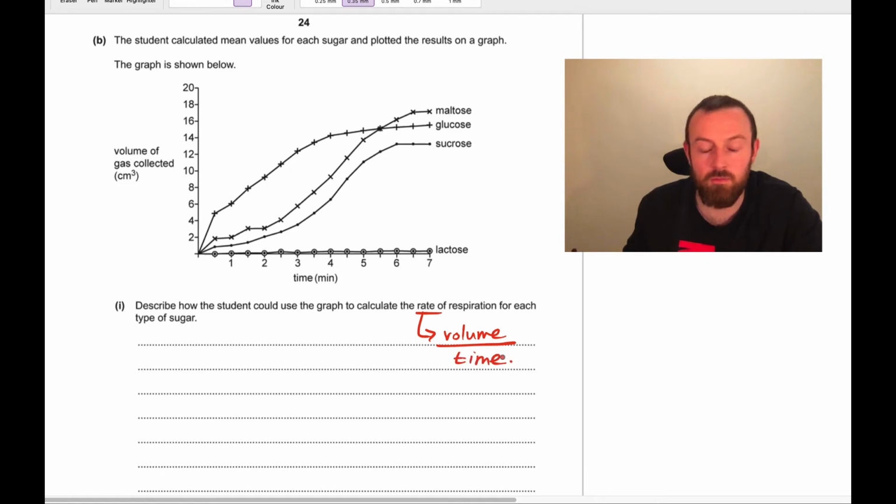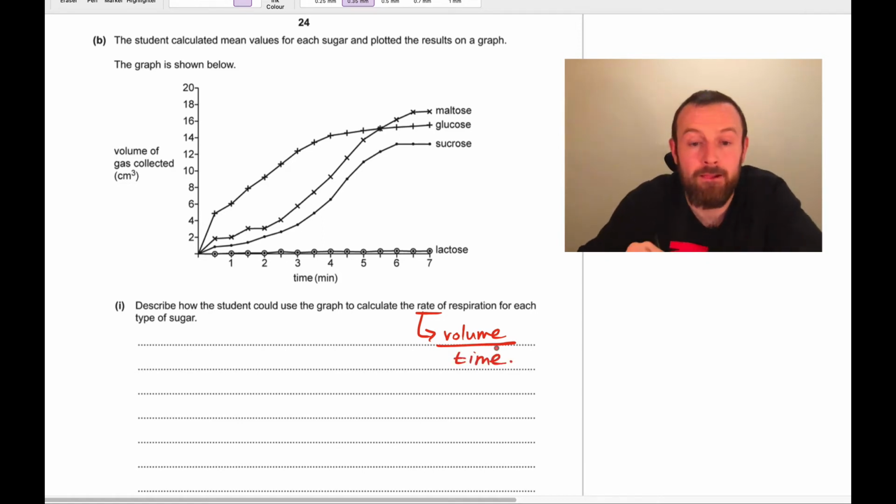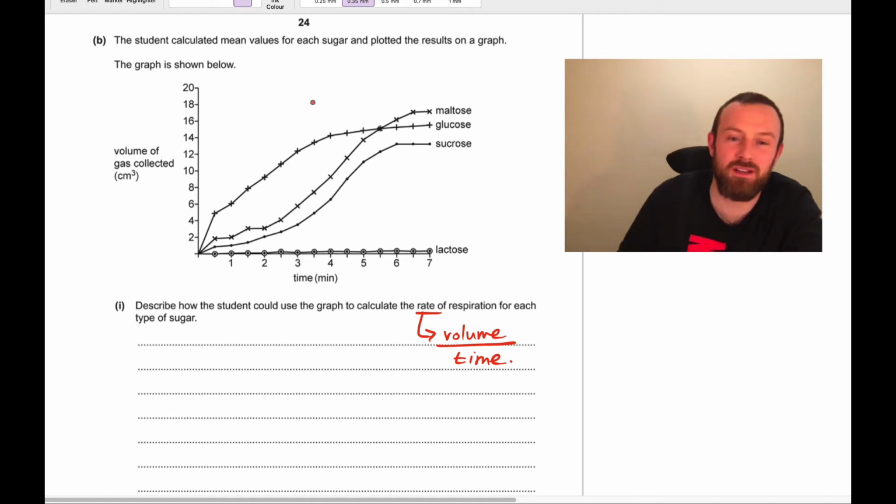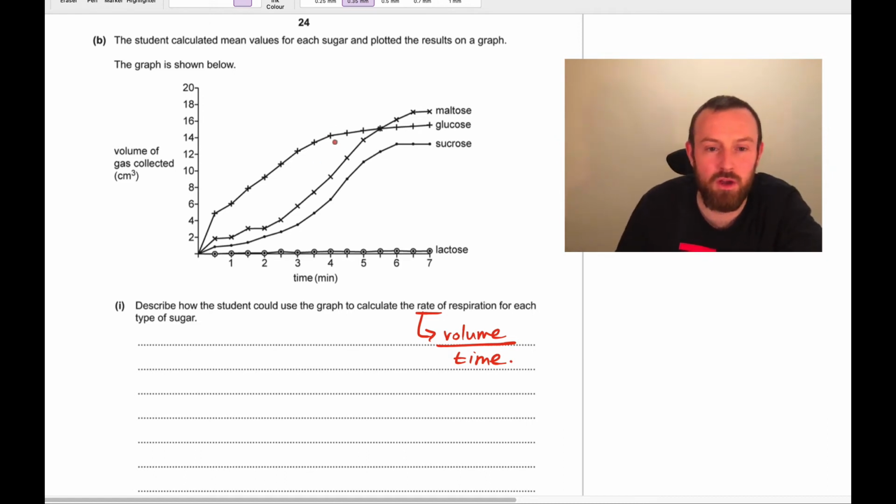Rate is volume over time. Now, where to measure the volume and time, that's a bit tricky because it looks like most of the glucose has been respired by here and then there's not much more gas produced, probably because there's not much glucose left. So that's a bit tricky.